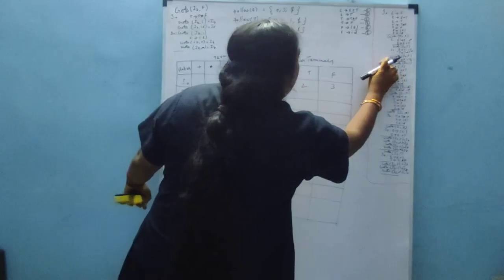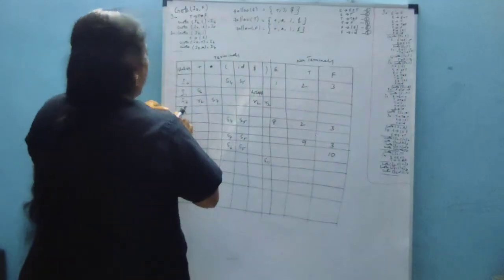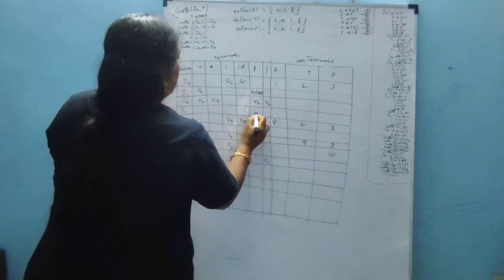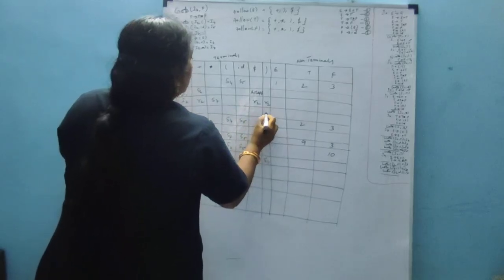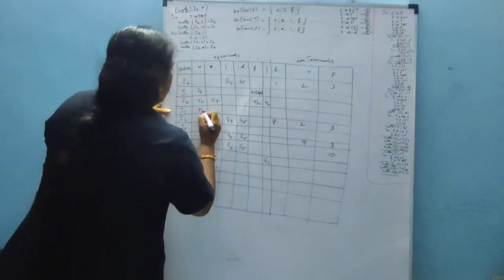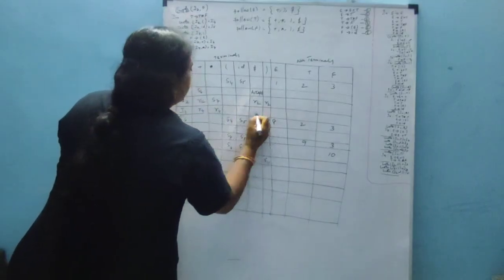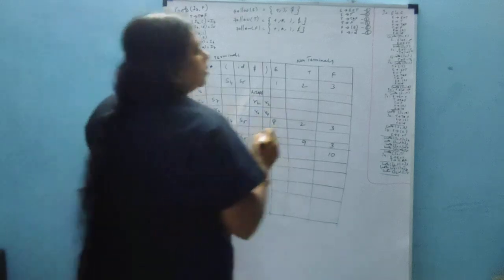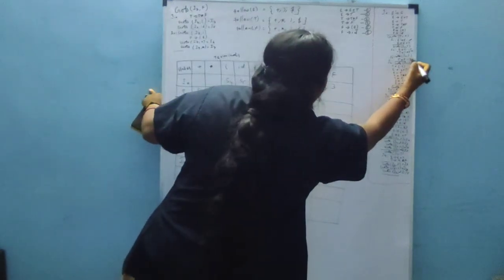The state number is I3. So in I3, plus, star, close bracket, dollar, for this I am writing R4. Okay, so this one completed.